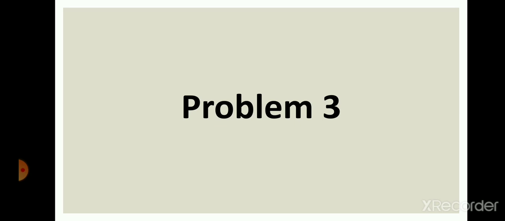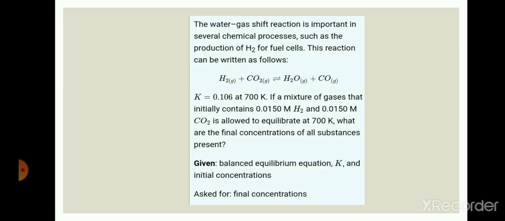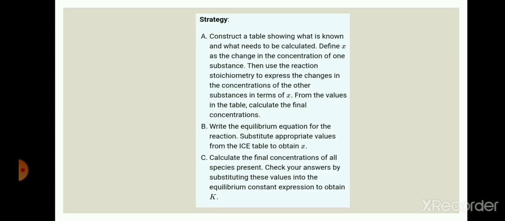Here is problem number 3. In this problem, the given is the balanced equilibrium equation, the K, and the initial concentrations. We already have the initial concentrations, so we get to know the final concentrations. Use this strategy.